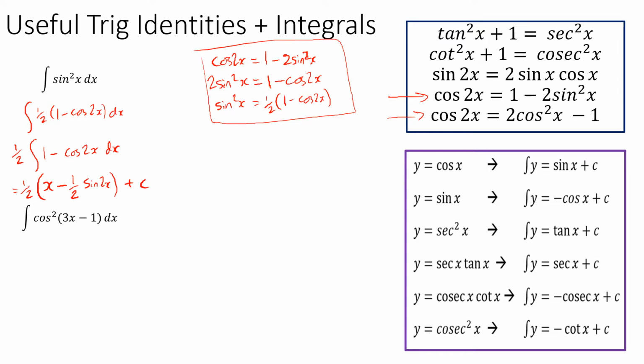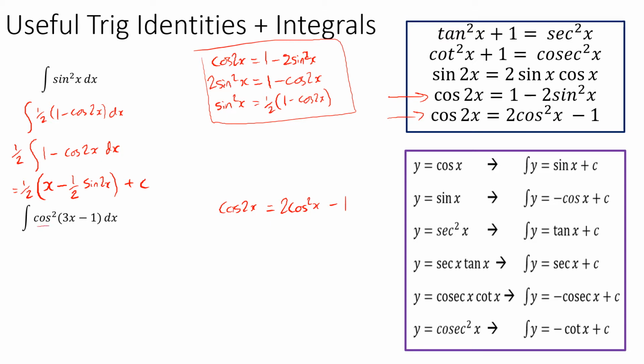And the same thing's going to apply to this second integral here. We're going to use cos 2x again, but we're going to use the version that has a cos squared in it. So according to this, cos 2x is 2 cos squared x minus 1. But that doesn't quite match what we want.